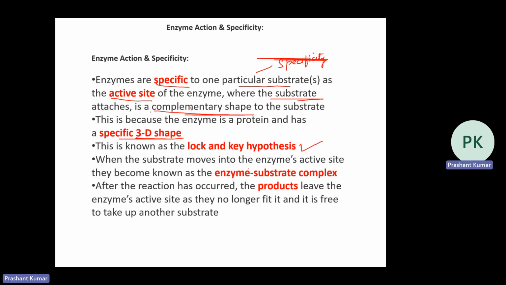So when the substrate moves to the enzyme's active site, they will form a complex which is called the enzyme substrate complex. And after that, product is produced and product is released. Right. And then after that, this product cannot bind again because it is the product. So enzyme will be ready to bind with another substrate.